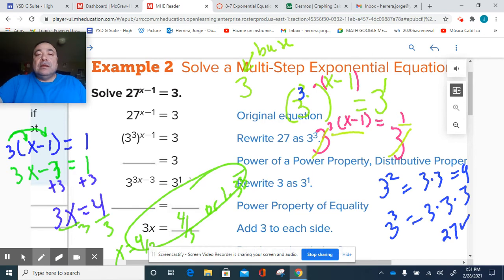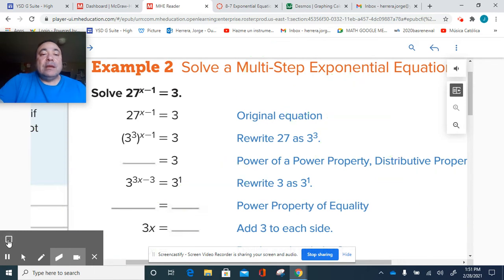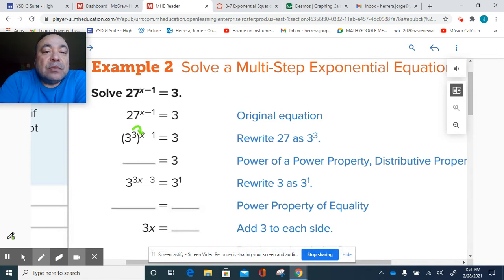Okay, so let me do it again real quick. We figured out that we found the base, which was 3, and then we multiply that times that, and these ones will go away, and we're going to get 3x minus 3 equals that. Can you see that?